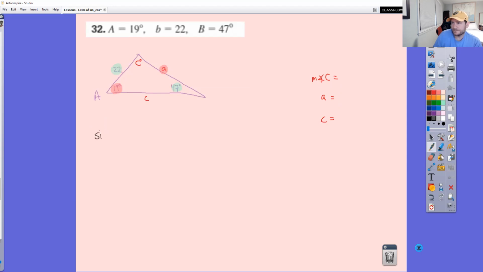Sine 47 over 22 would equal sine 19 over A, which means A will be 22 sine 19 divided by sine 47. Sine 19 divided by sine of 47. 9.793.